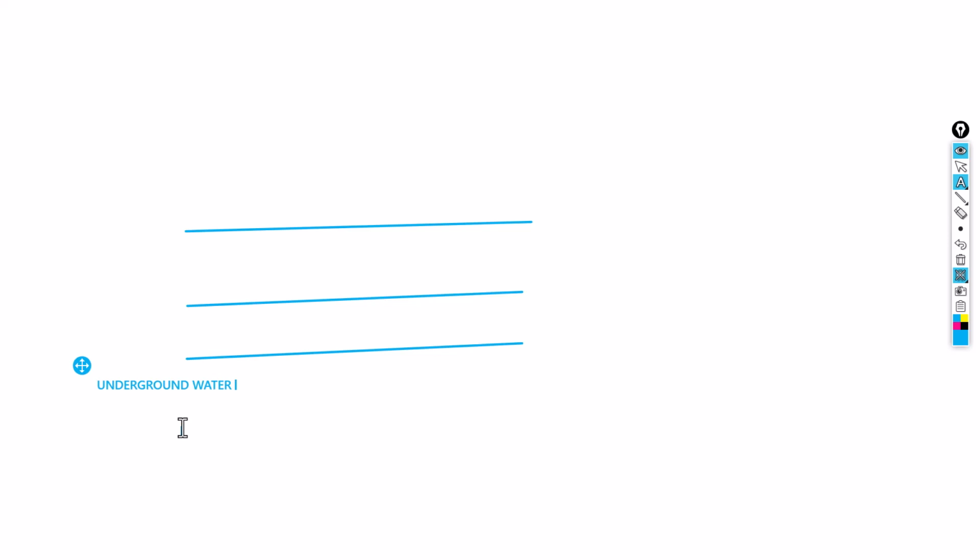Suppose this is our building: first floor, second floor, third floor, whatever the floor. Then we have to size the underground water tank, and the other one is the overhead tank.